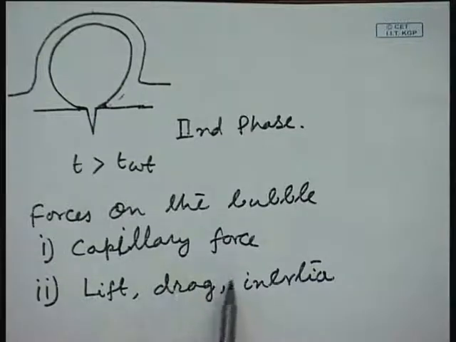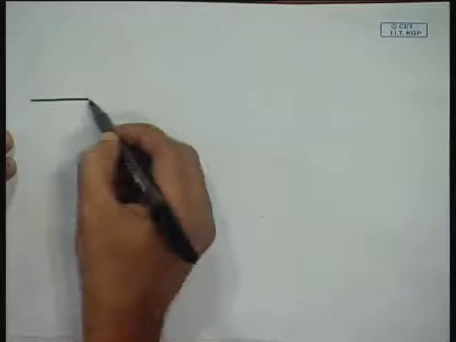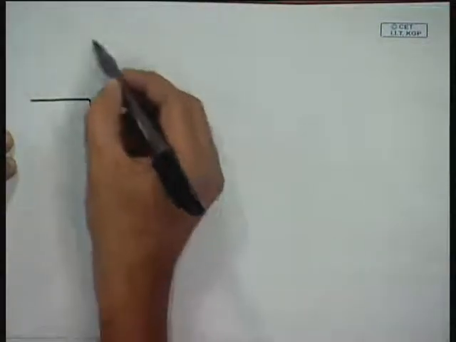Generally the capillary force is relatively larger when the bubble is small, and when the bubble is large the other forces start dominating. So, as the bubble grows, the other forces will dominate and at one time the bubble will depart. So, bubble departure is the next phase. We can have a schematic view of that.